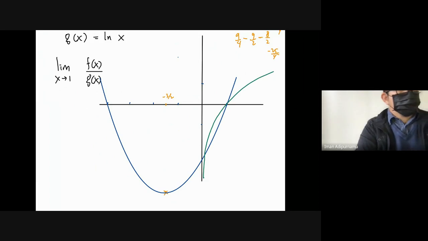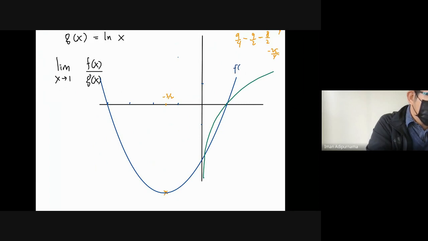Okay, I think that's okay. So the blue is the f and the green one is the g, and this is precisely x equal 1.